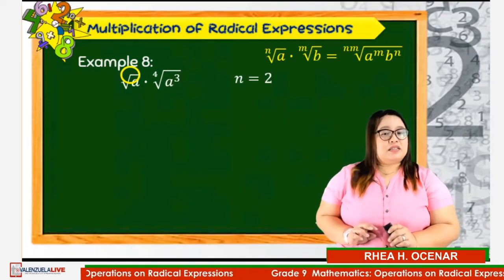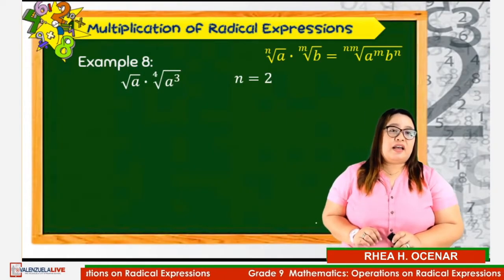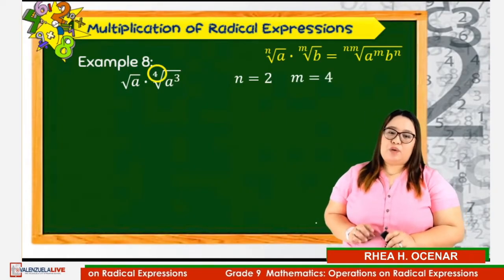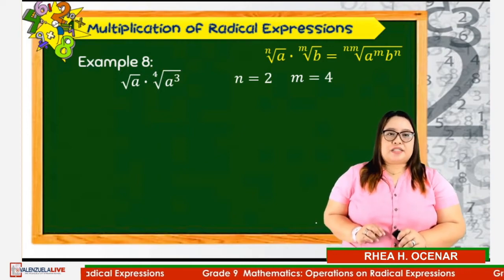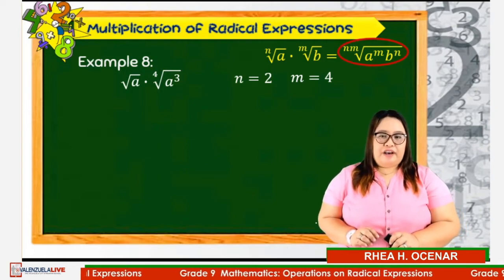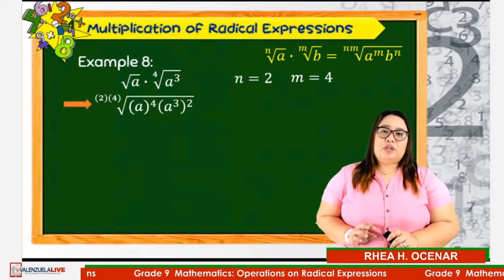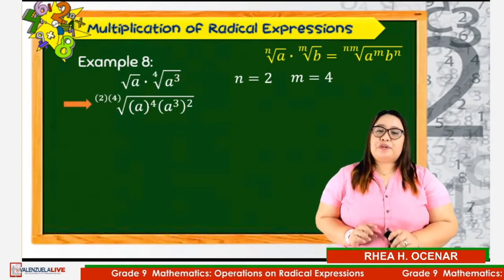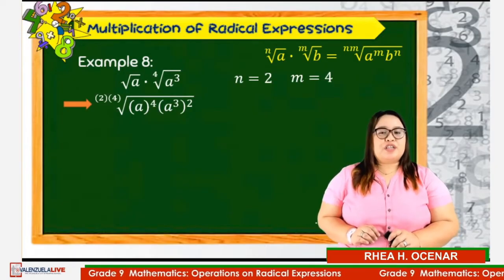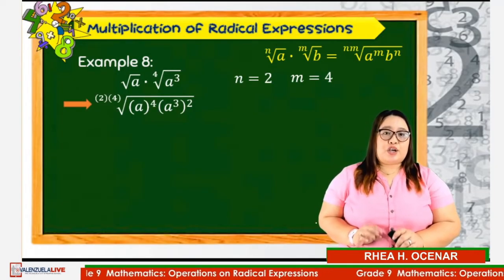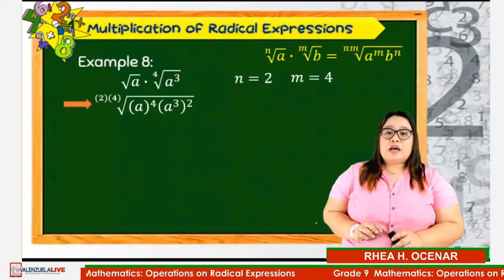Let n is equal to 2 and m is equal to 4. By substitution, we have 2 times 4 root of a raised to 4, a cubed raised to 2.